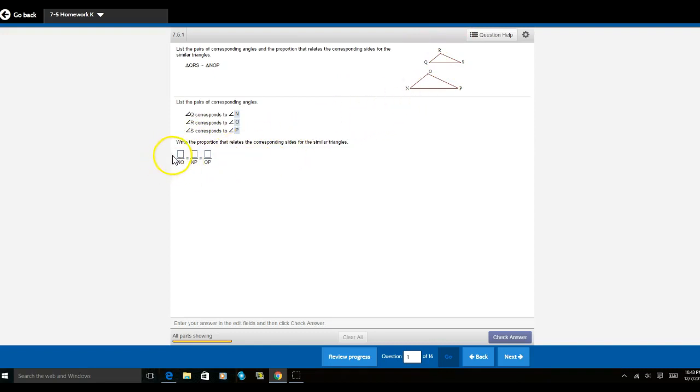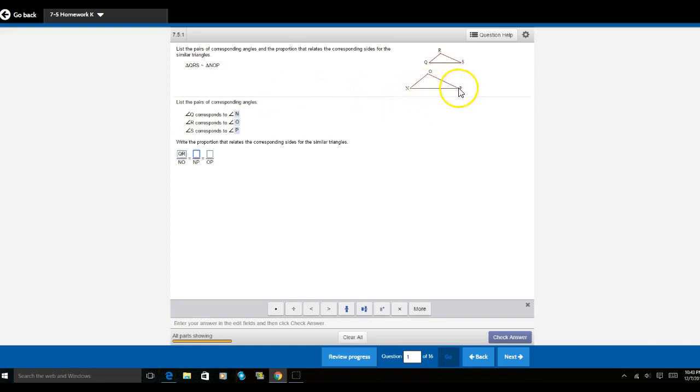So I'm looking for which side corresponds to side NO. Well, here is NO. So I'm going to look at the triangle up here on top, and I see that it is QR. Side QR corresponds to side NO. And then NP, I see that side QS corresponds to side NP. And then I see that side OP corresponds to side RS.